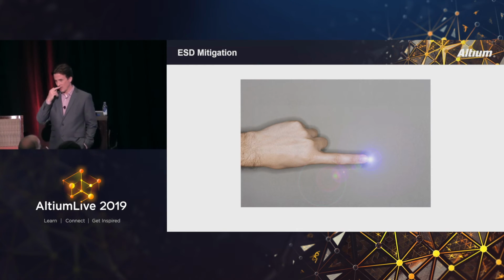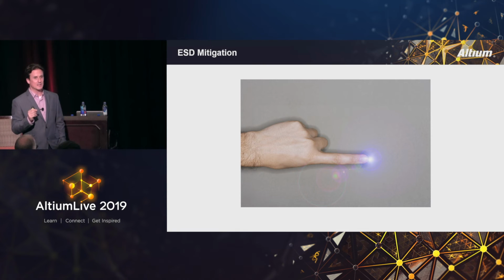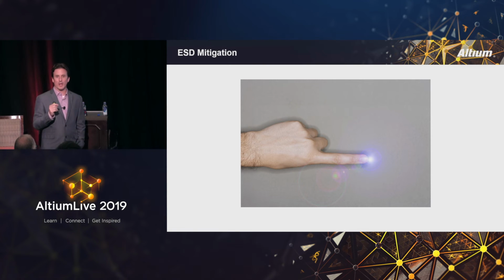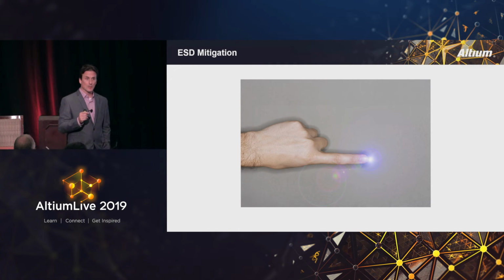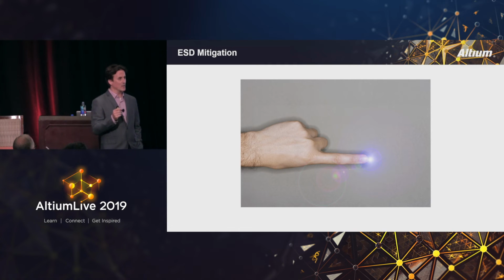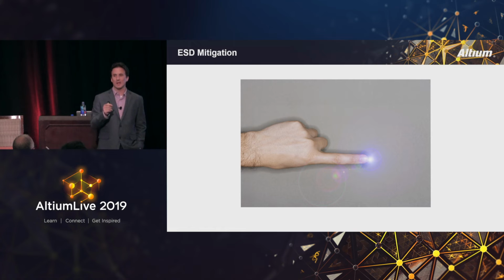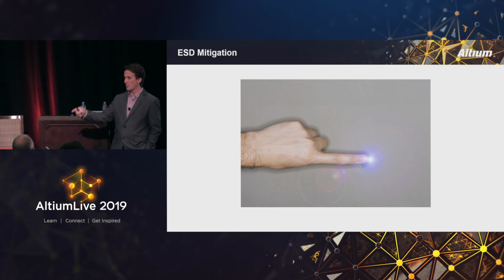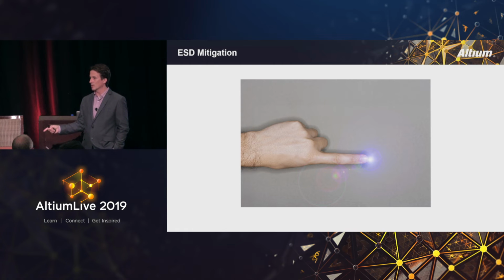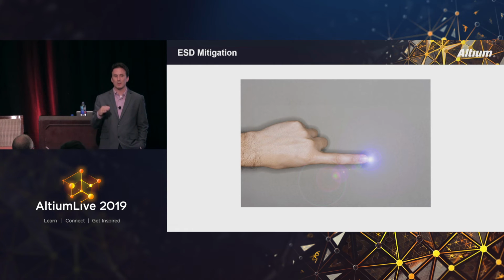ESD. Protecting against ESD is not putting a TVS at your connector. ESD is such an extreme event that the pathway it takes is to capacitively couple with the earth. That is the most likely, especially on portable electronics.